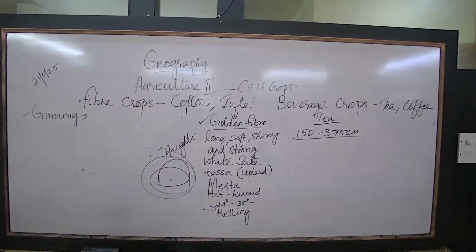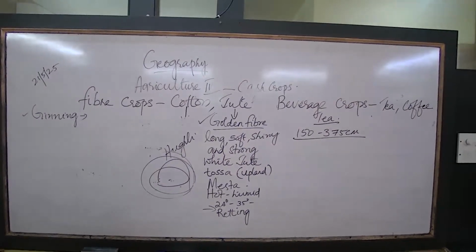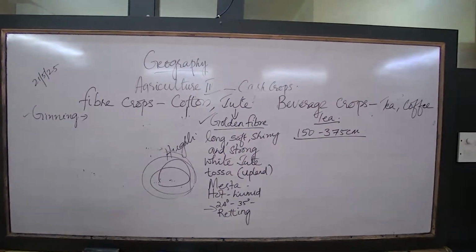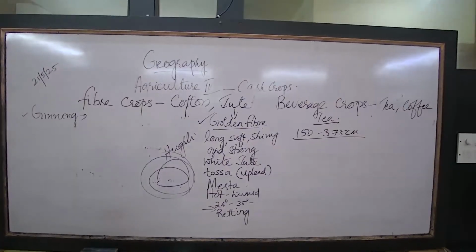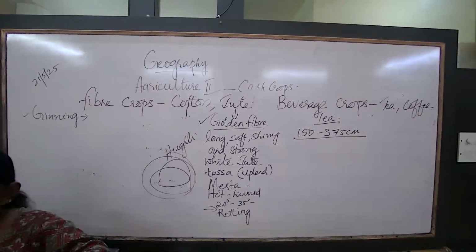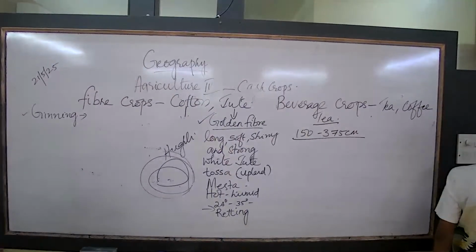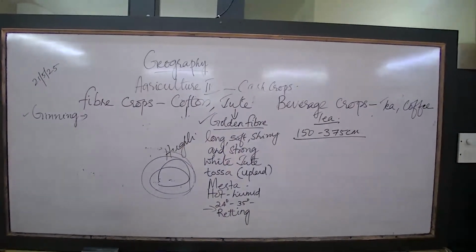So in India, tea is plucked every 10 days during the growing season in lower elevations and every 15 days in higher altitudes. Understood?